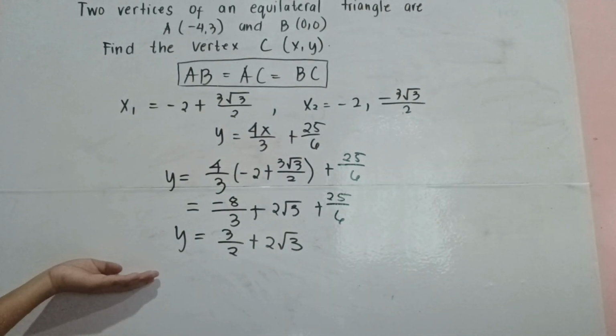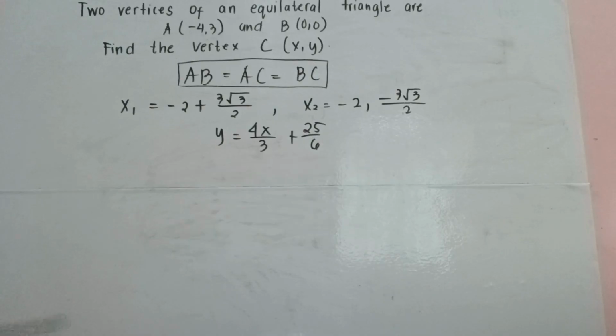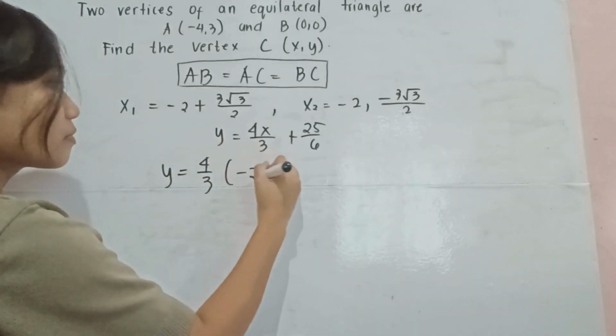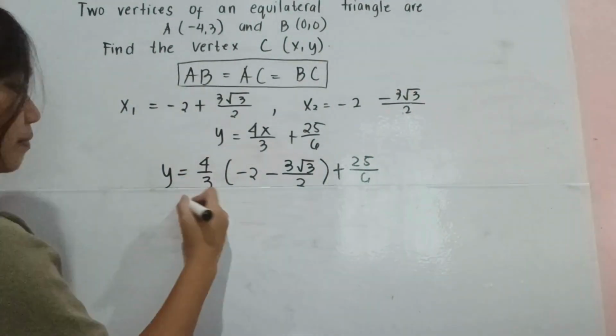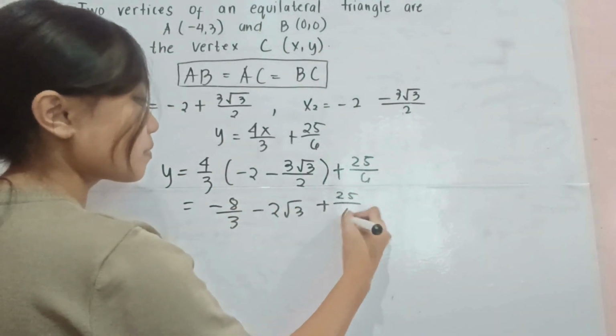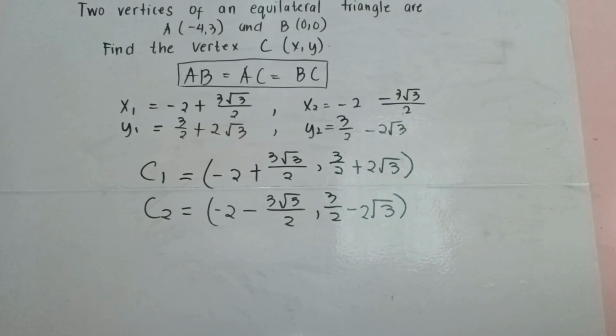Then, the first y value is equal to 3 halves plus 2 square root of 3. Therefore, the second y value is 3 halves minus 2 square root of 3. So these are the two possible locations of the third vertex of the equilateral triangle. The triangle can be oriented either above or below the line AB.